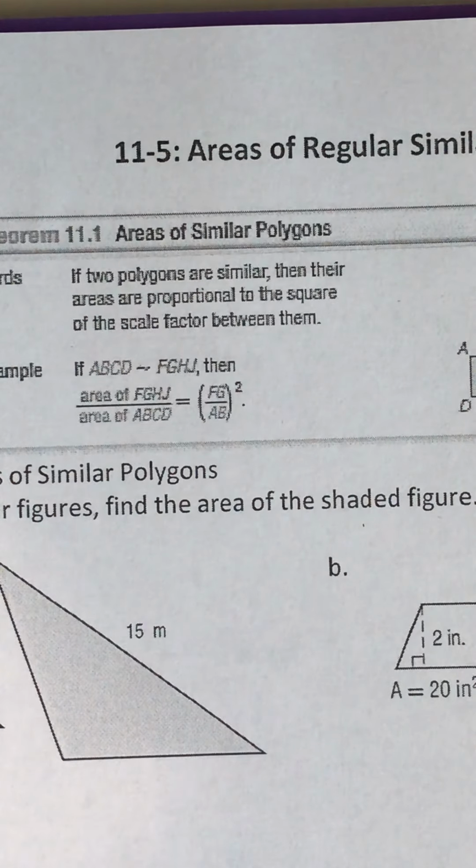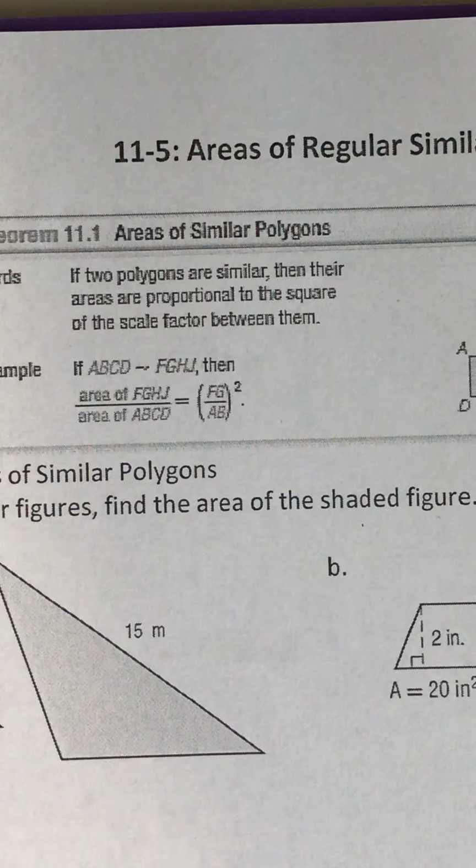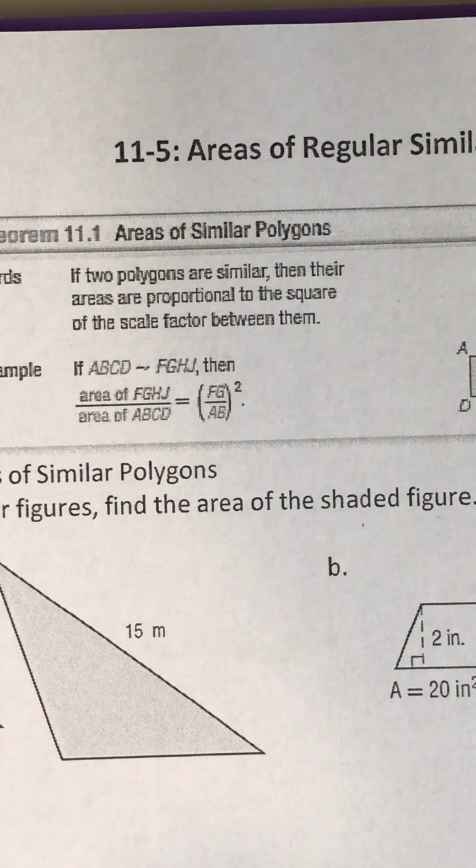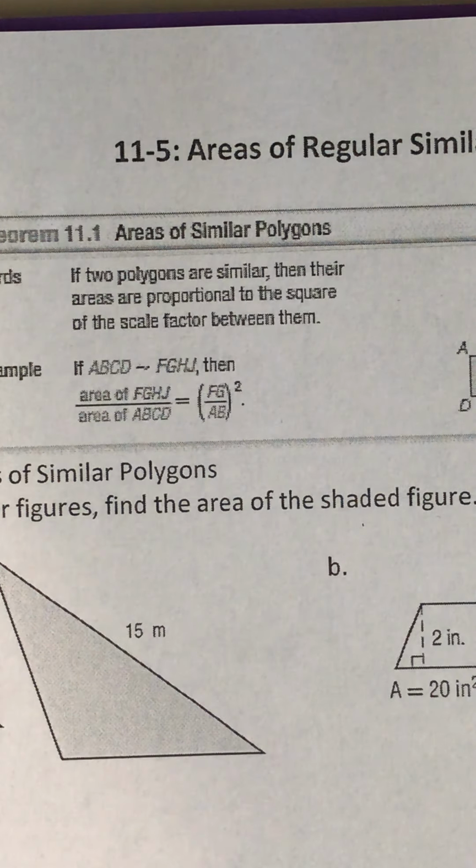In this example, it says if two polygons are similar, then their areas are proportional to the square of the scale factor between them. Sounds a little more confusing than it is.